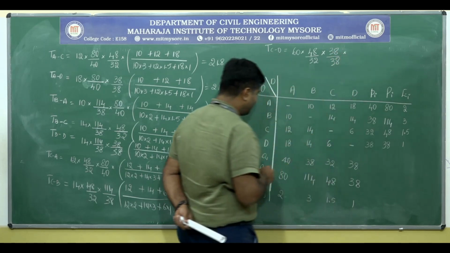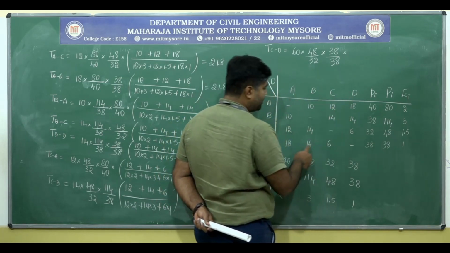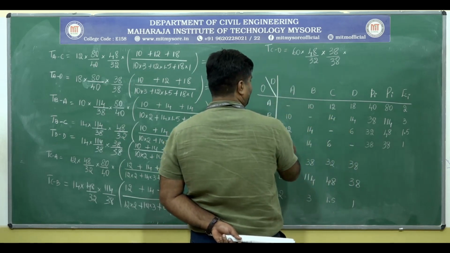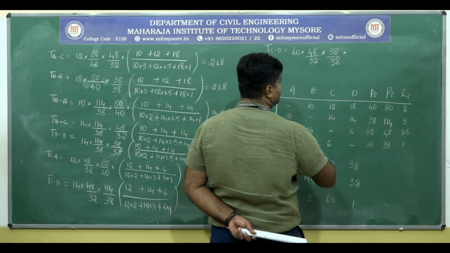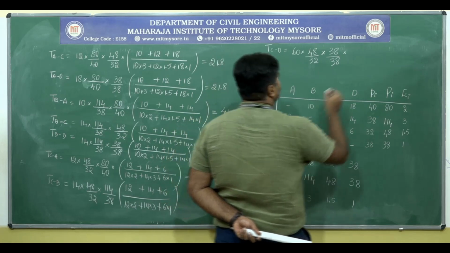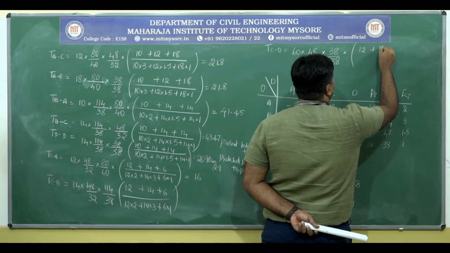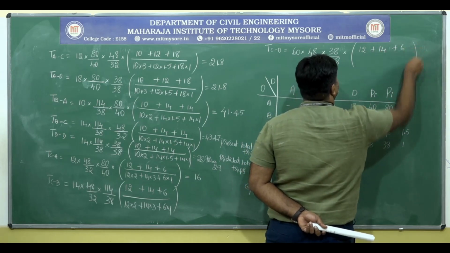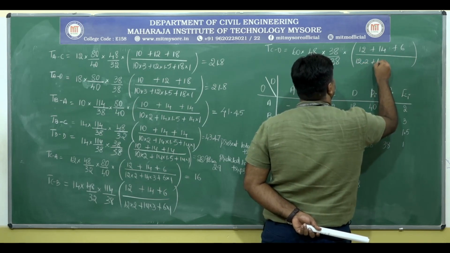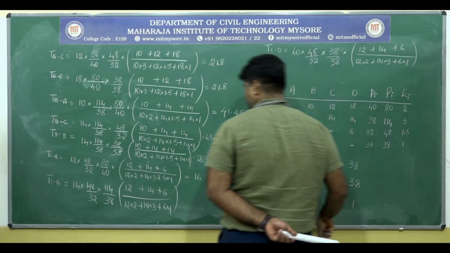The number of trips radiating from zone C to A, B, D are 12 plus 14 plus 6, divided by 12 into 2 plus 14 into 3 plus 6 into 1.